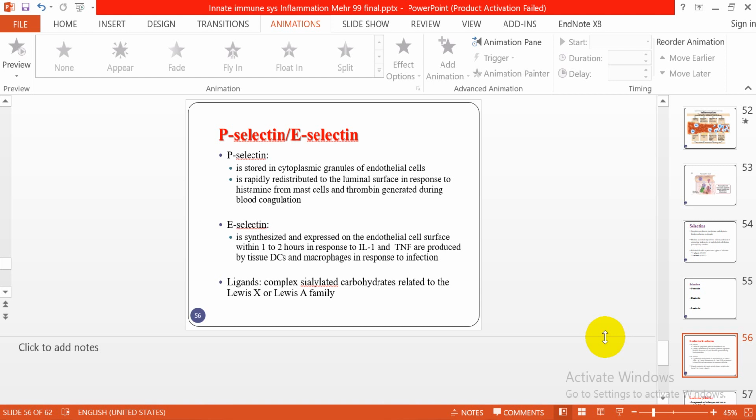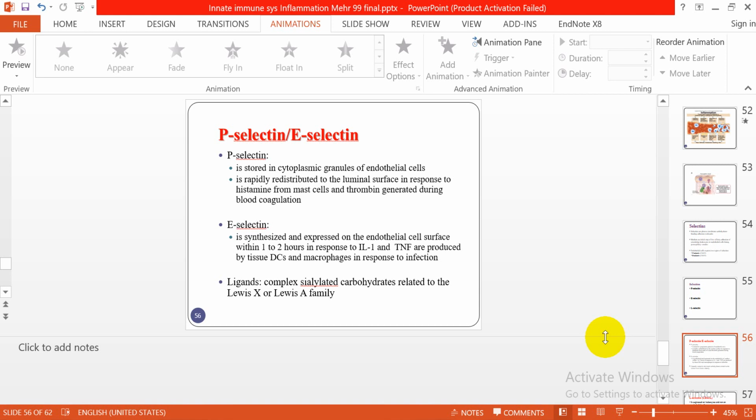P-selectin is stored in cytoplasmic granules of endothelial cells, so it can rapidly distribute on the surface of endothelial cells. And the other selectin which is expressed on the surface of endothelial cells is E-selectin.